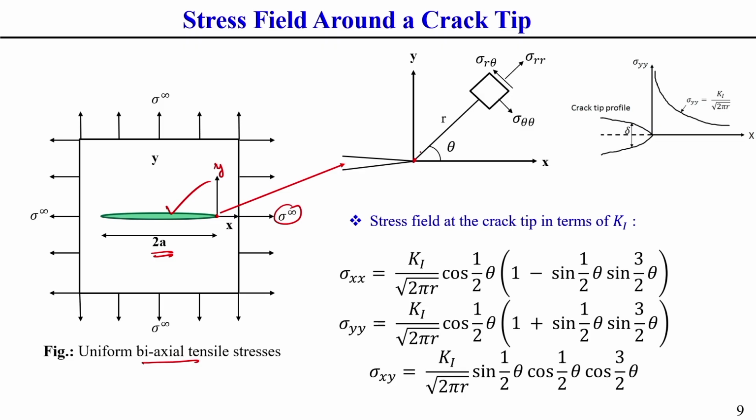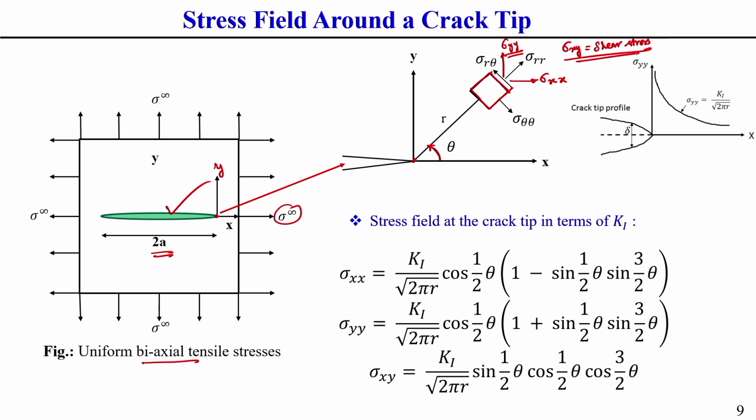So, at this crack tip zone, just near the crack tip, if we take an element at a distance r which makes an angle theta with the x axis, you can see how the stress component along the x axis, that is sigma xx, along the y axis sigma yy, and how this sigma xy, that is called shear stress, is distributing.